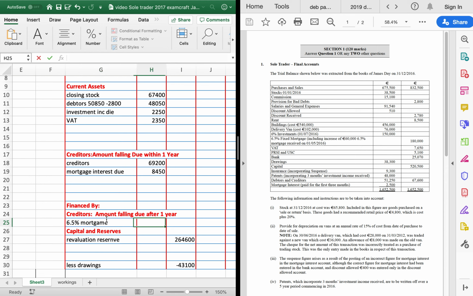So 180, always the end figure. VAT we've done. PRSI is a liability. 5.1 could of course be an asset if it was on the other side. Bank is a liability. It's bank overdraft. It's on the right hand side. So on the left hand side, it'd be an asset.